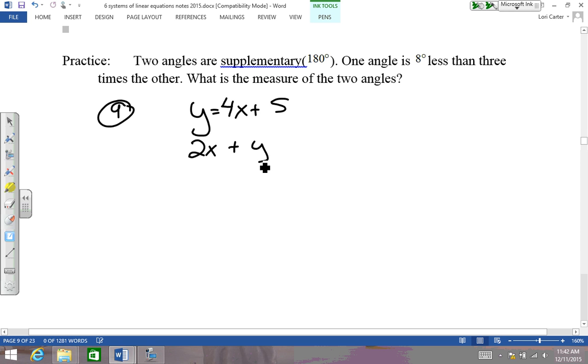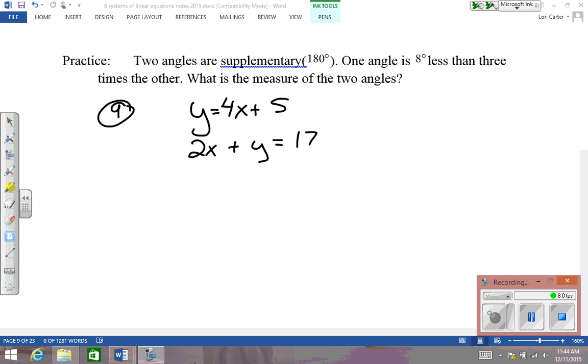Is everybody ready? Mrs. Carter, if you would give me a second. So you're not wrong. You just made it hard. If we solve for x in the second one, you're going to get fractions.